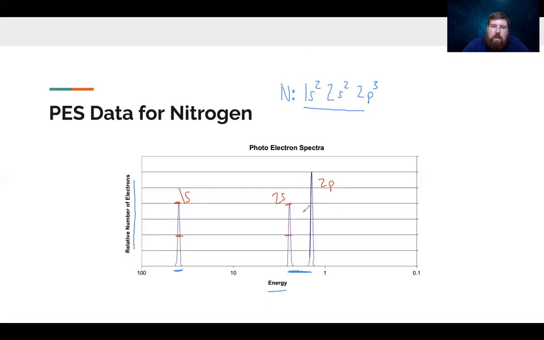Every 2 scratches here is an electron, and as we can see, the relative number of electrons in the 1s peak is 2, the relative number of electrons in the 2s peak is 2, and the relative number of electrons in the 2p peak is 3. So these graphs here, if you have a grasp on electron configurations, are not terrible.